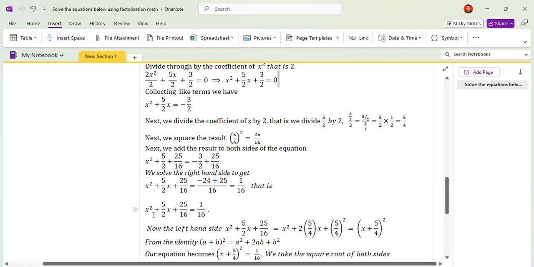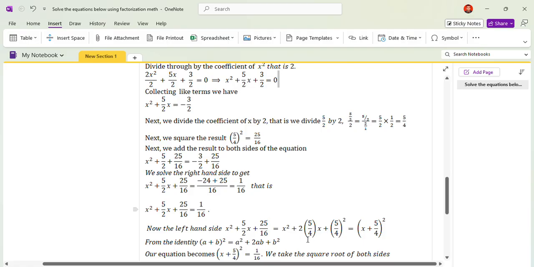Now, the left hand side, x squared plus 5 over 2x plus 25 over 16, if you study it very well, you notice that the 5 over 2x is actually 2 times 5 over 4x.